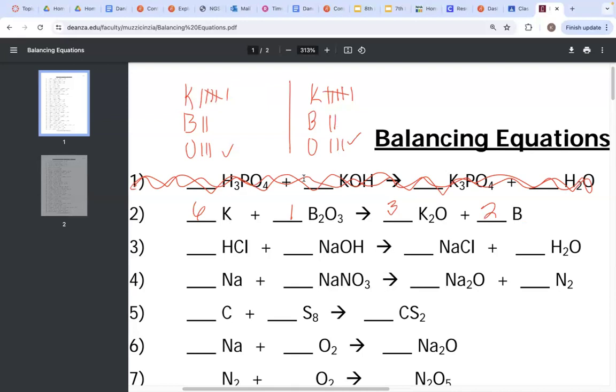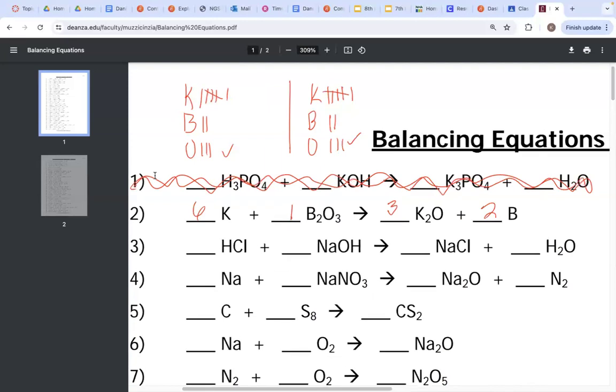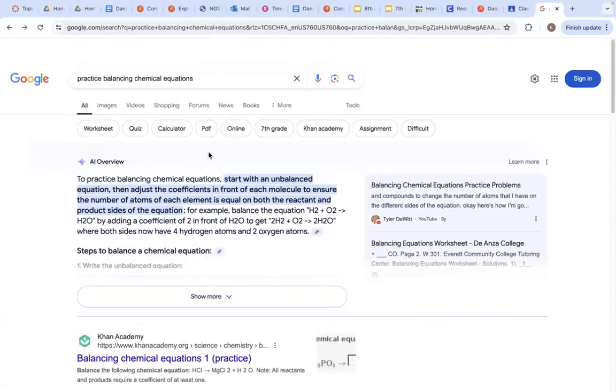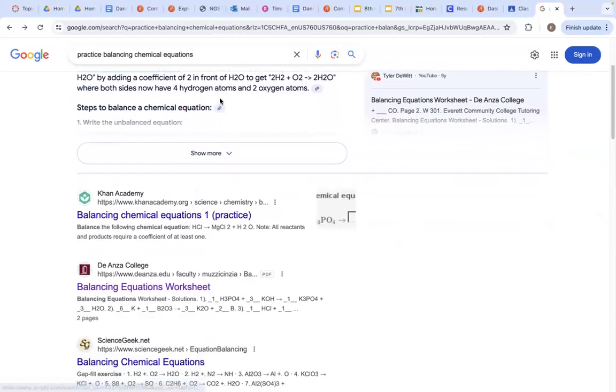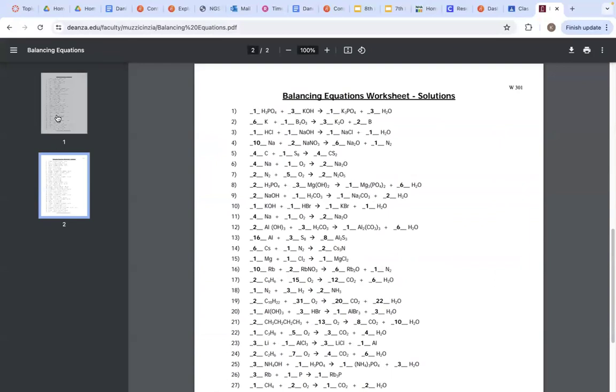So I believe there's two balancing equations. But like with anything that you're having trouble with, like I just did, I typed in, you know, practice balancing chemical equations. I chose this one because it showed it was a PDF, so I figured it probably had the answer key, which it does.